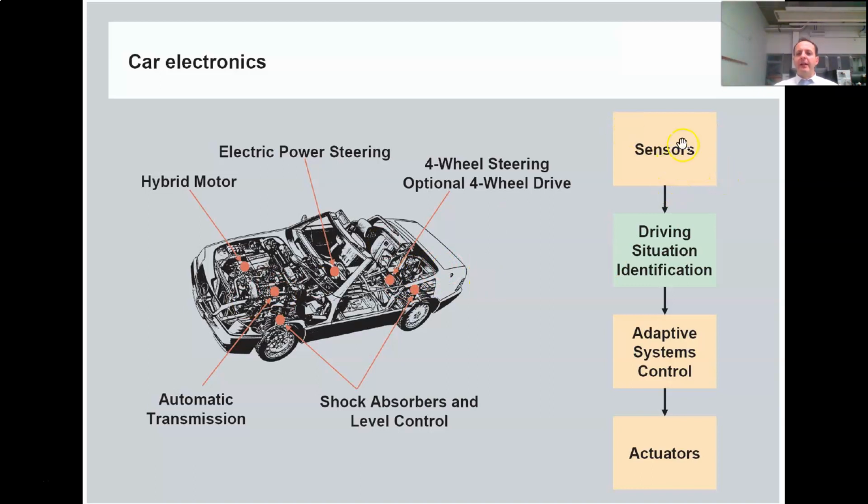So the sensors are used to identify the different driving situations, and then an adaptive system is used, for example, for controlling or actuating your actuators.